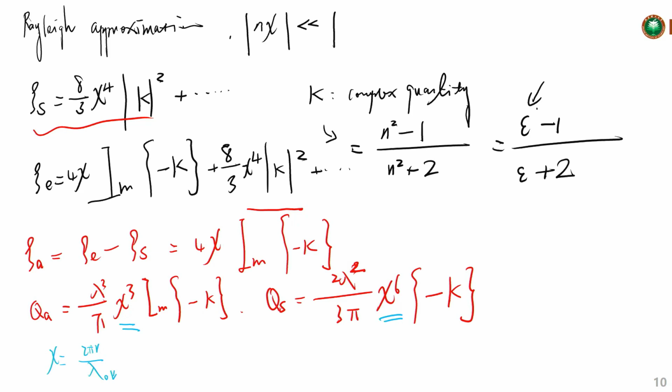So that means Q_A is much larger than Q_S. This is for the Rayleigh approximation. For the Rayleigh approximation, the absorption plays the main role and should suppress the scattering calculations.